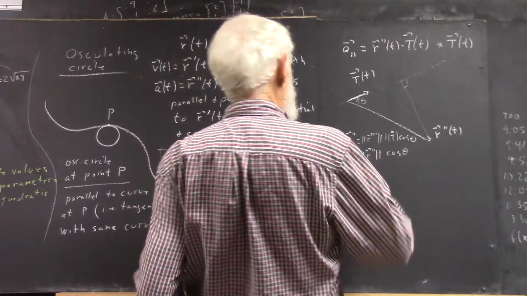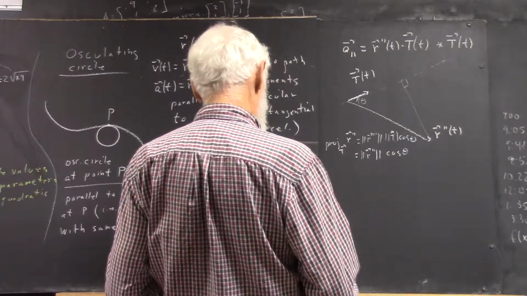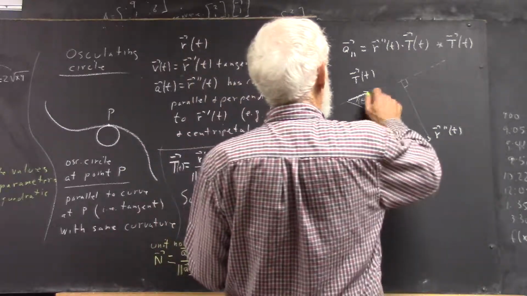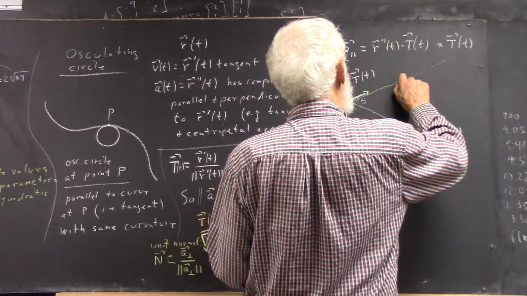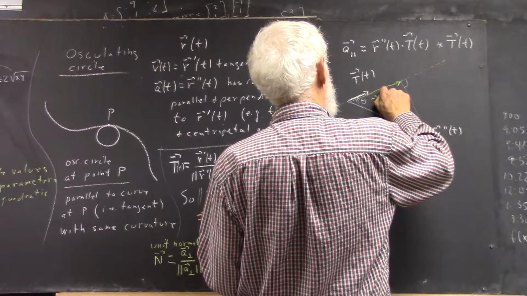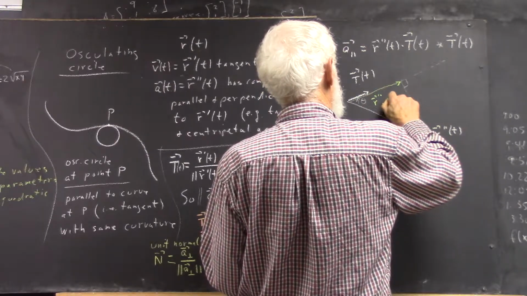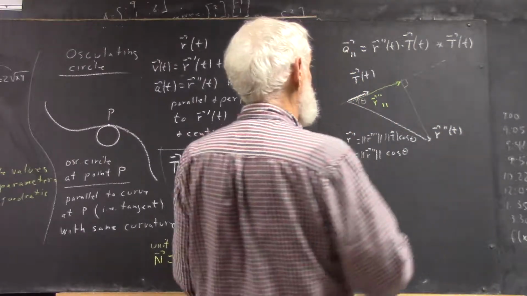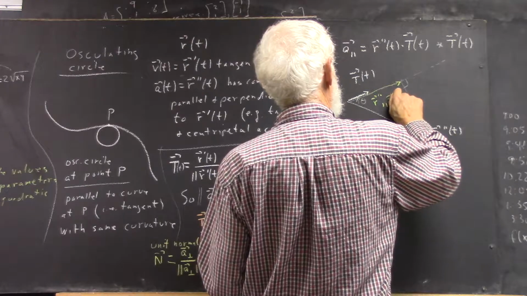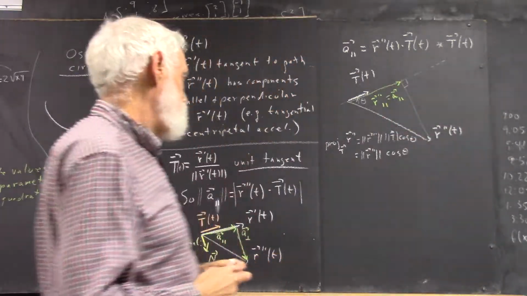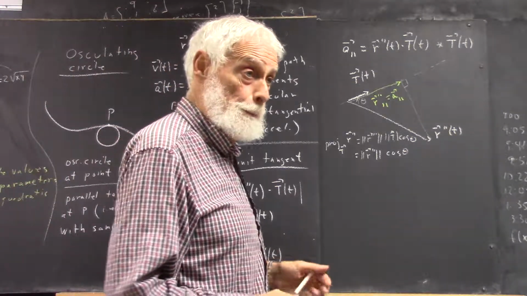So what I'm going to call this vector now is, I called it A parallel, then I'm going to label it now r double prime parallel. Okay? And we can say, okay, that is A parallel because r double prime is your acceleration, right?